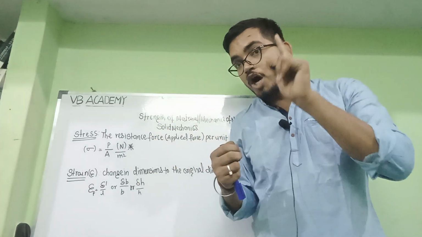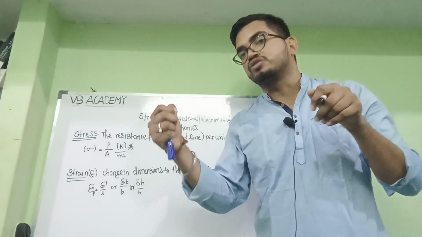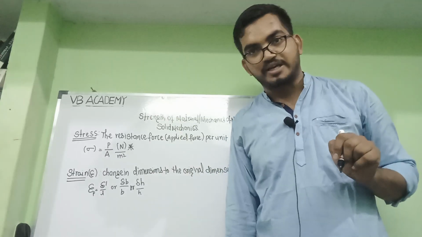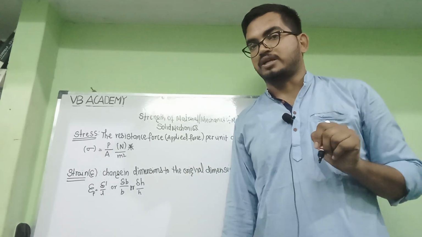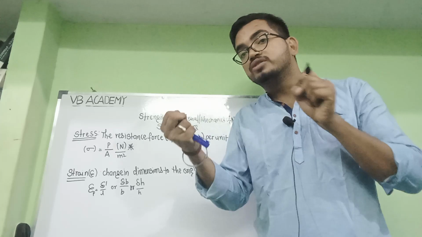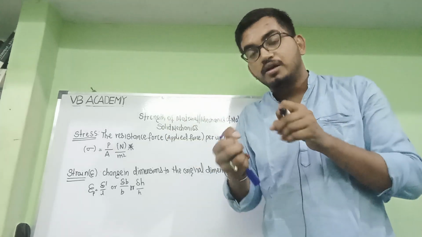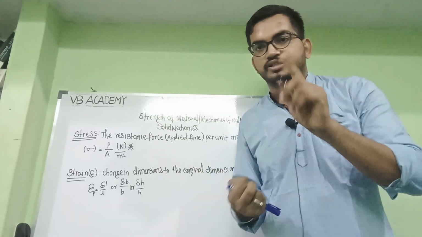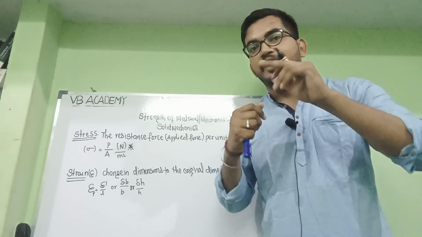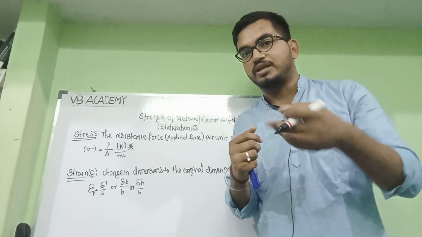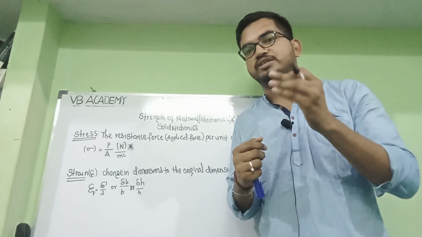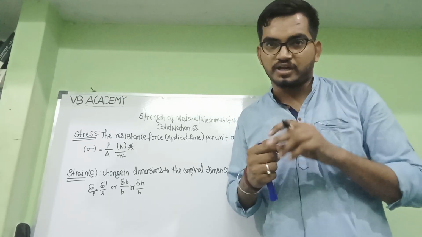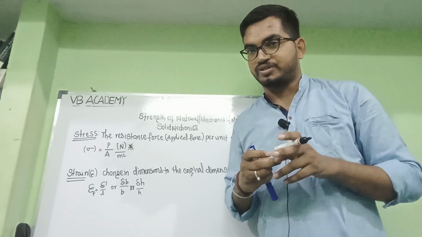The strain developed in the direction of application of force is known as primary strain. The strain in directions other than the application of force is known as secondary strain or lateral strain.